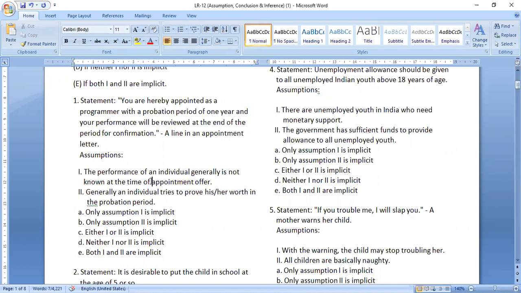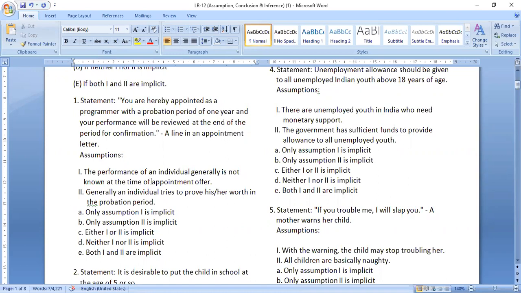In a way, I think implicit and inferred are not the same thing. But implicit is if it can be understood, but not in a direct way, in a roundabout way. It says not expressed in a direct way, but understood by the people involved. That's the dictionary meaning of the word implicit.